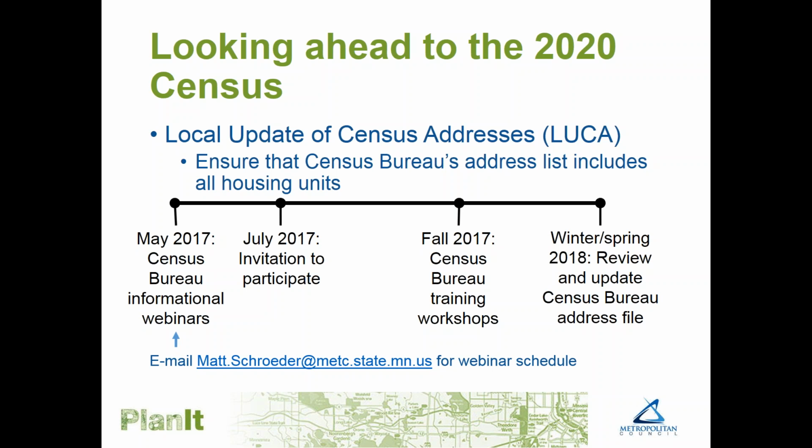Those include Arden Hills, Bloomington, Burnsville, Maple Grove, Minneapolis, Plymouth, Prior Lake, Ramsey, St. Paul, Wayzata, and Woodbury, among others. So I bring this up because we at the Met Council really want to see an accurate 2020 census as well. So given how important this process is, I encourage everyone to participate.